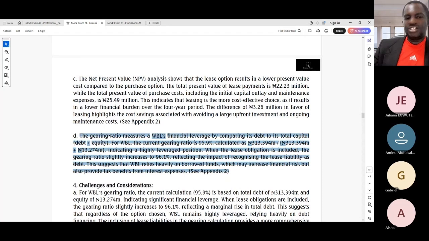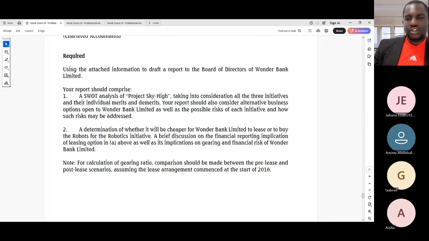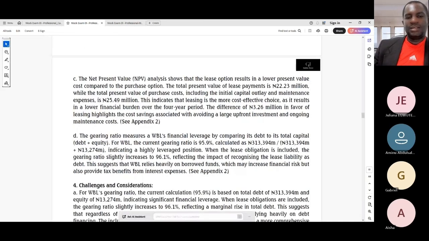And the fourth one here talked about the gearing ratio, the total capital, the amount it culminated in, and how the borrowing funds increase financial risk, but also provide tax benefits for interest expense. Just like he said here, he said, what are the implications on the gearing and financial risk of Wonder Bank? So that's what we spoke to in this place.